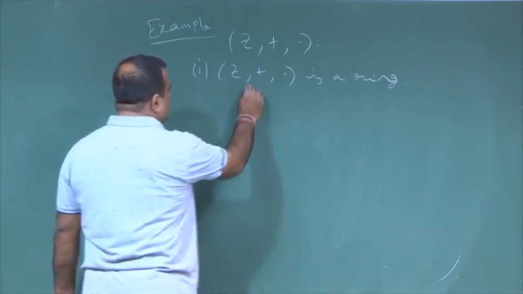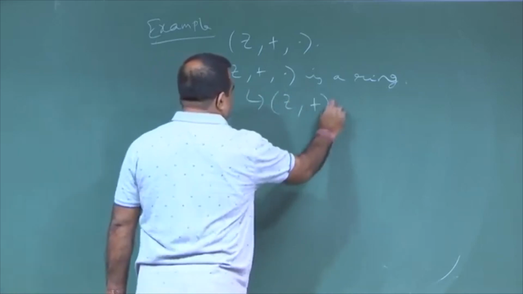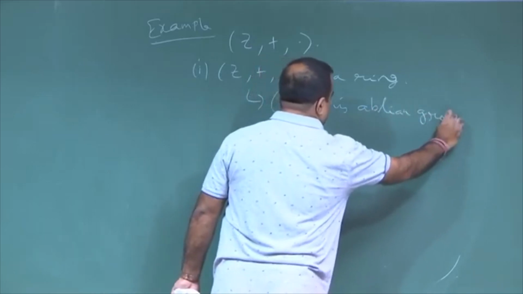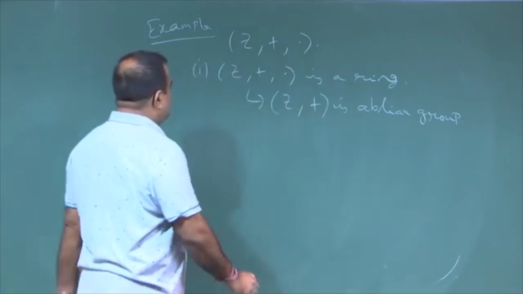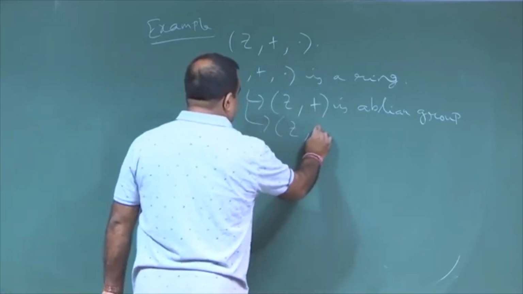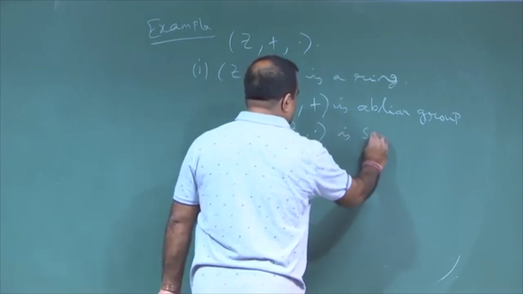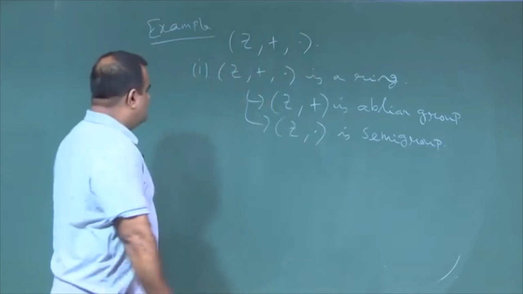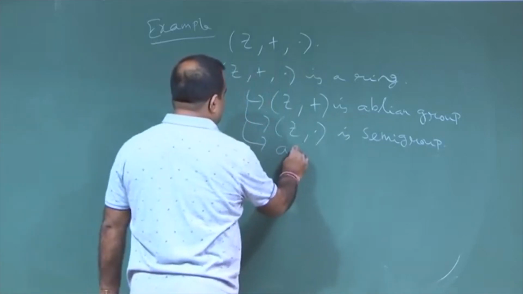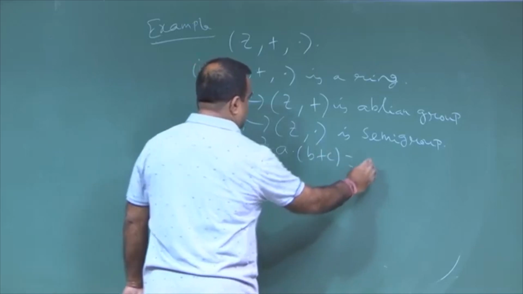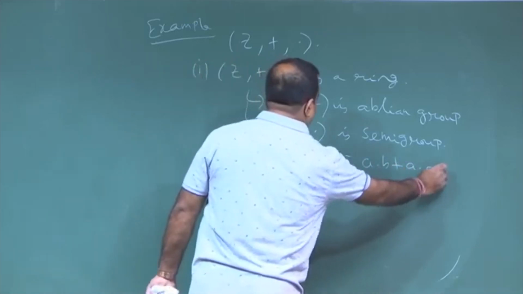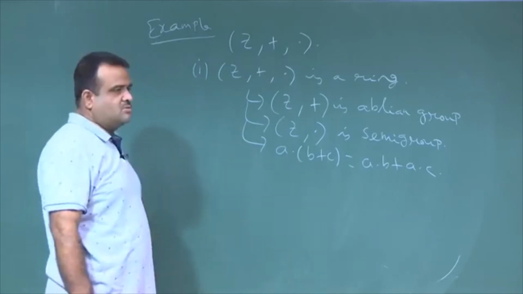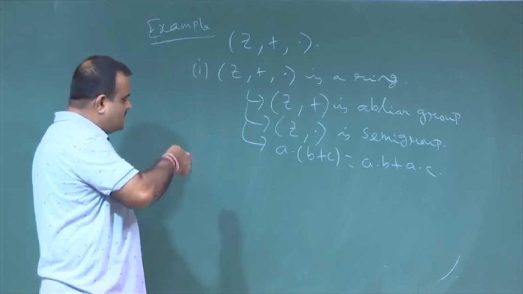Ring means we know this is an abelian group, and we know this is a semigroup, and also we know the distributive property, the left and right distributive property. So, this is the ring.